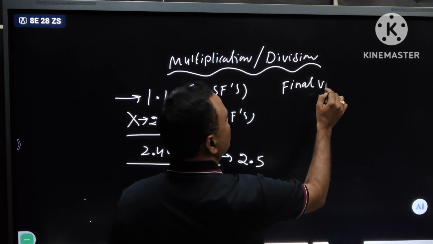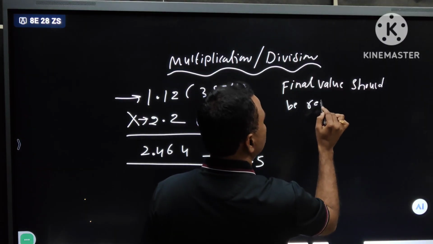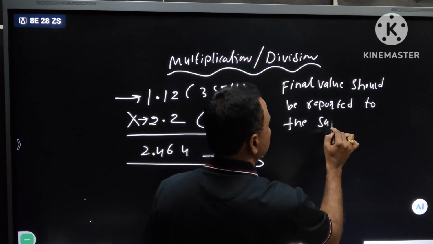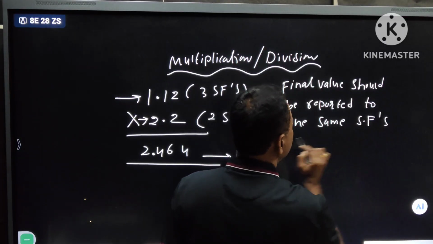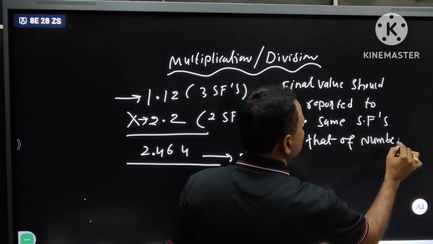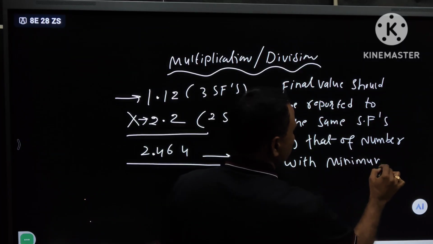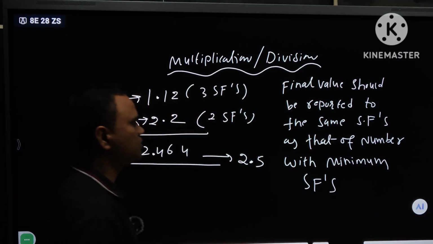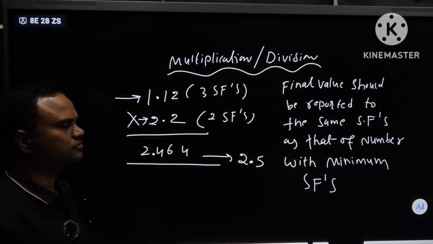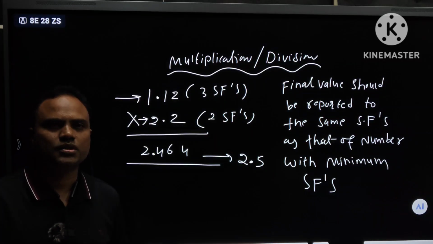Final value should be reported to the same significant figures as that of the number with minimum significant figures. Okay. Got it, all of you?